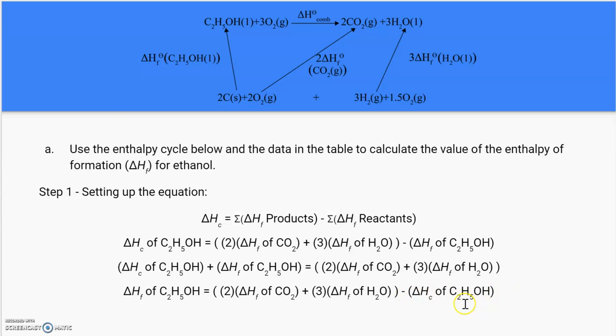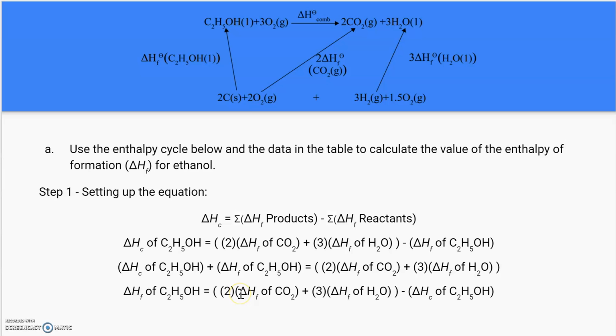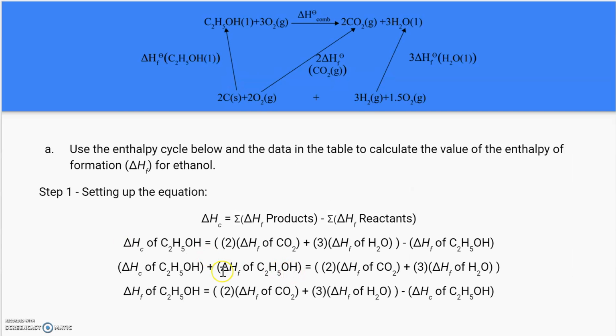Now, can we solve for the enthalpy of formation with what we have? Let's look at our table. Do we have a value for the enthalpy of formation of carbon dioxide? Yes, we do. It's negative 394 kilojoules per mole. So that variable can already be given a numerical value.